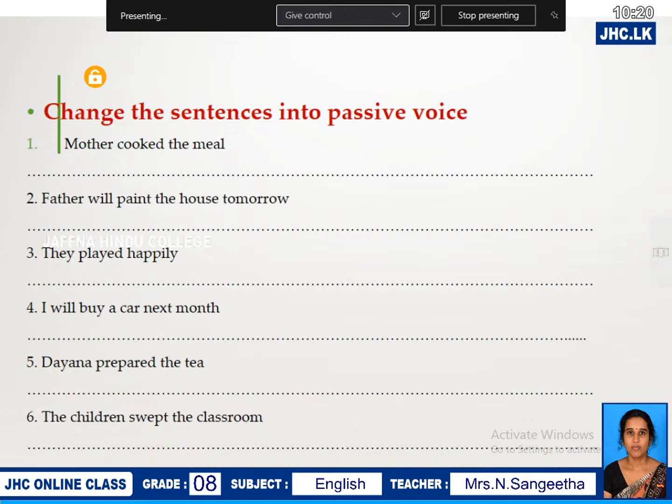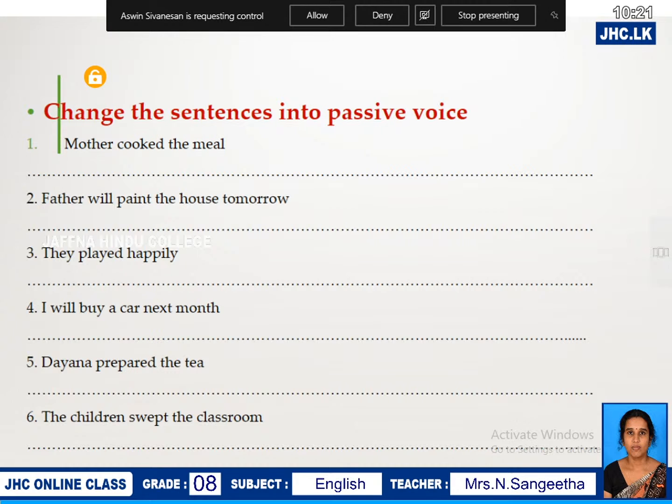And then the verb and in which tense it is, and then the object, with to whom or to what. The answer you get is the object. Find out the subject, verb and the object. Then bring the object to the beginning.